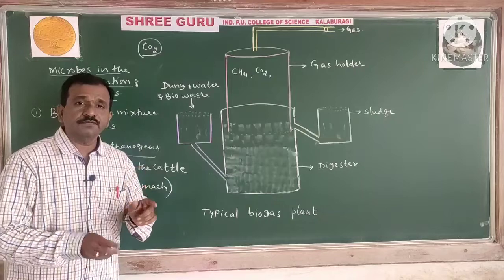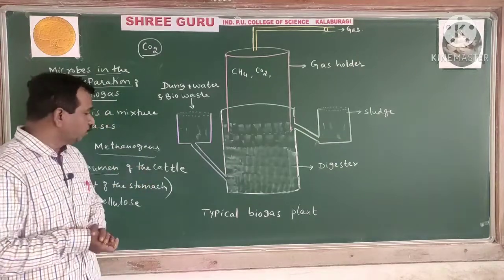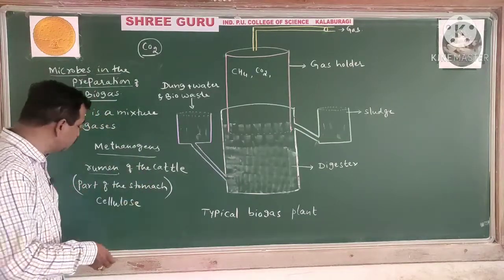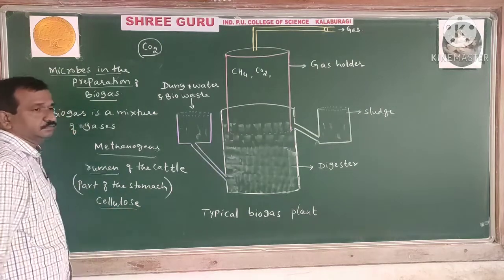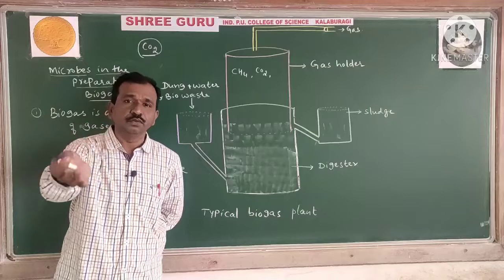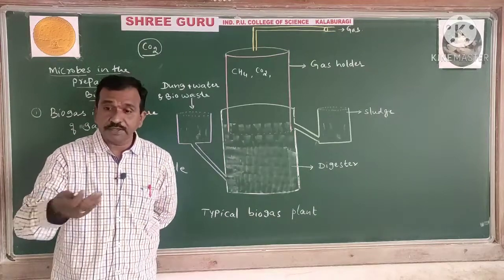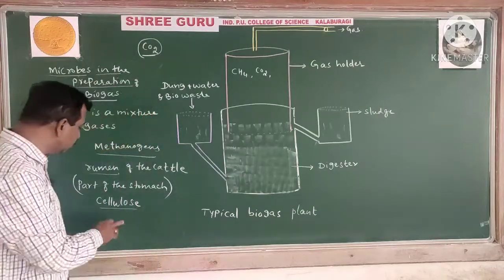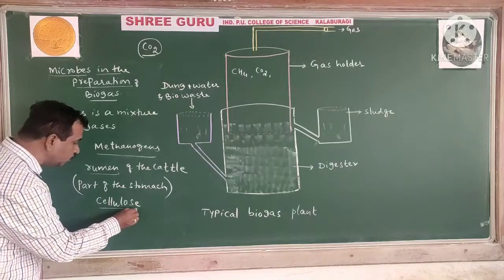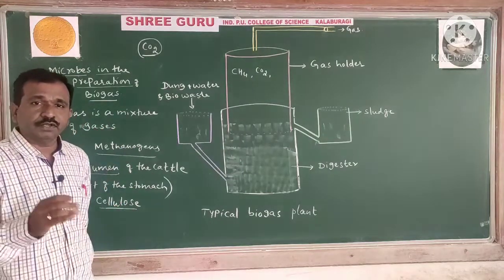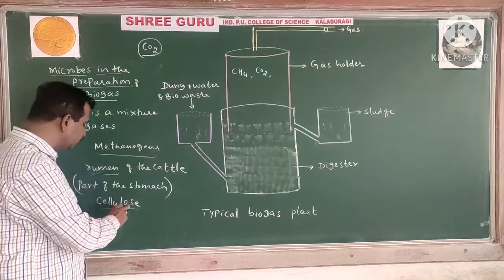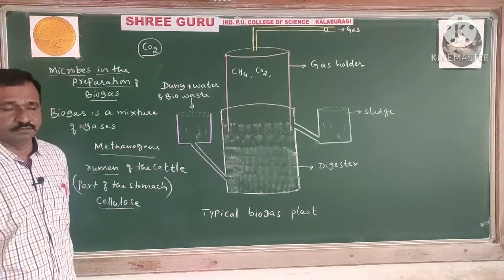For the sake of cellulose digestion, methanogens are present in the rumen of cattle. They are acting as nutrition. So, for the breakdown of the cellulose, these bacteria are present in the rumen of the cattle.